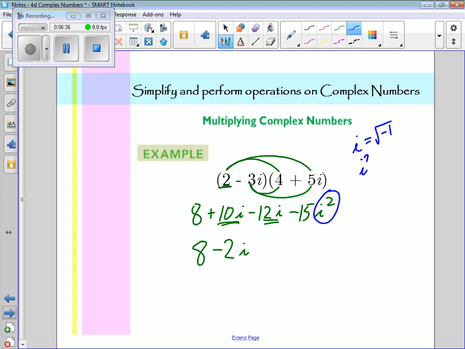If I square it on both sides to keep the equation balanced, i squared would equal, these cancel out, just negative 1. So this i squared here that I see is going to be equivalent to negative 1. So it'll be negative 15 times negative 1. Negative 15 times negative 1 is positive 15. Now we see we have like terms again. So 8 plus 15 is 23 minus 2i.